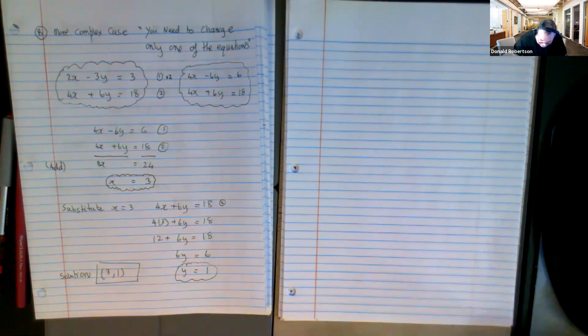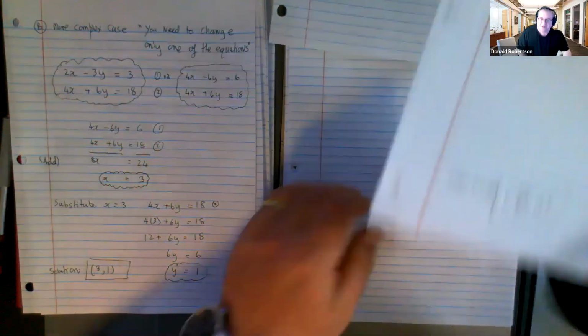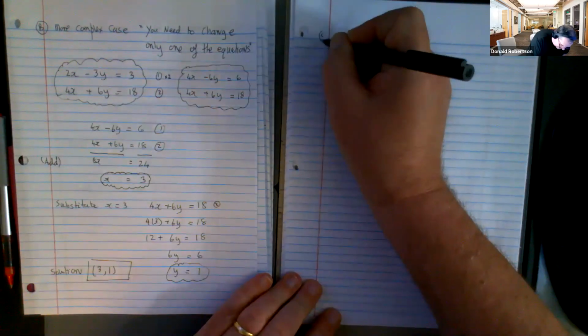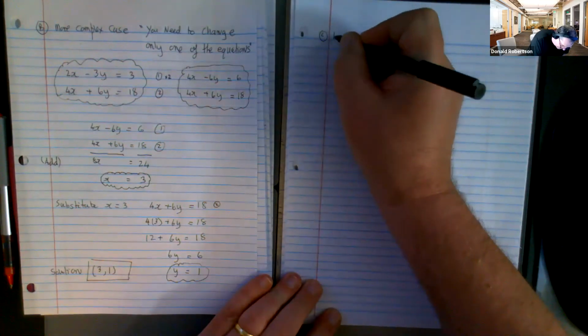So we are looking at the last situation here, as far as methods go. I'm trying to find what I've called it to be consistent. Oh, there we go. The last situation is even more complex.